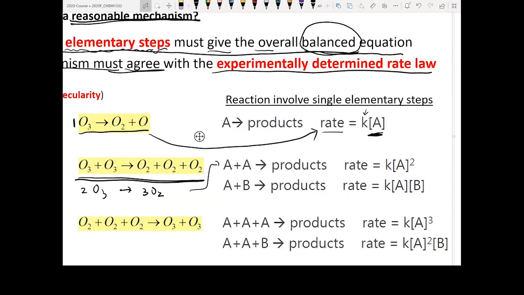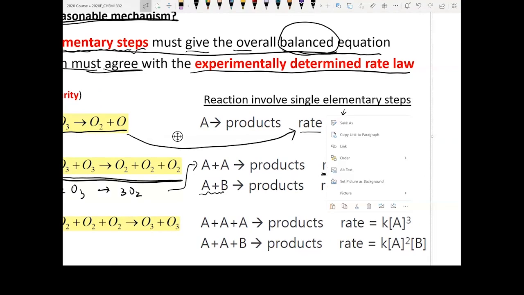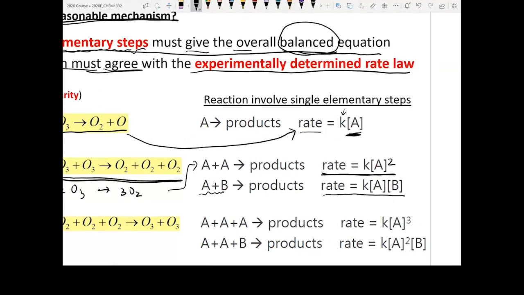If that is the case, you can directly write the rate law as k times [A] to the second power. And if your reactant species are different, if it's A plus B giving you the product, then the rate law will simply equal k times [A] times [B].